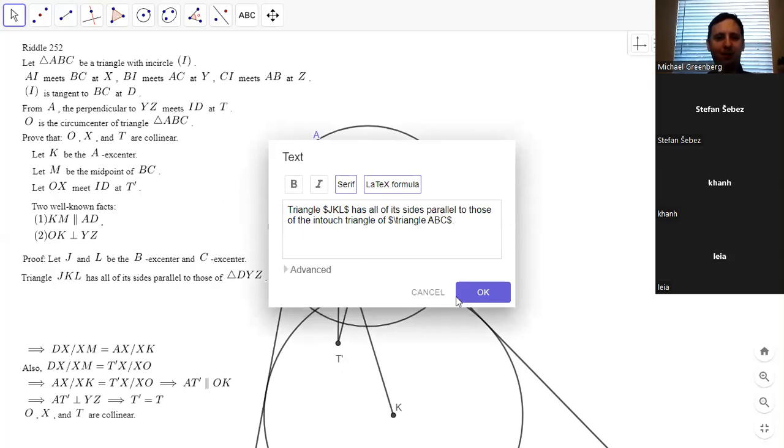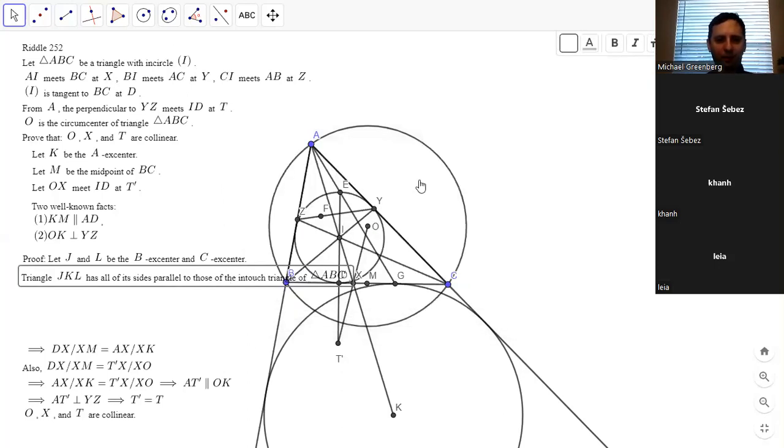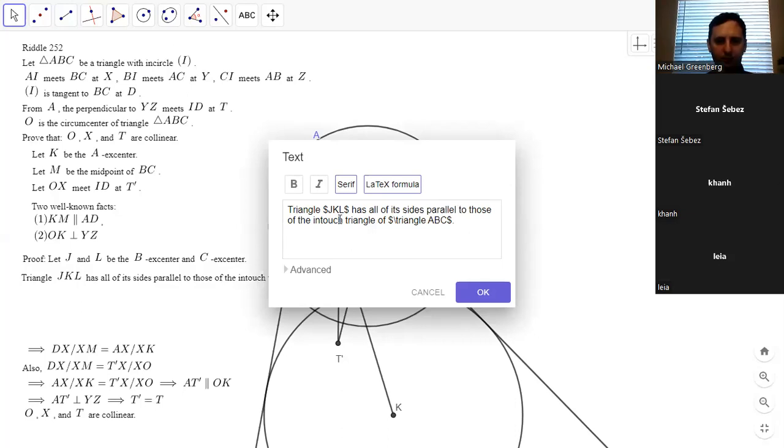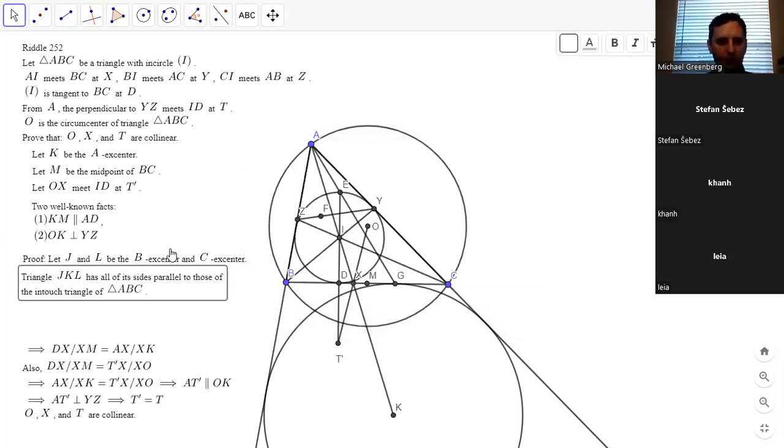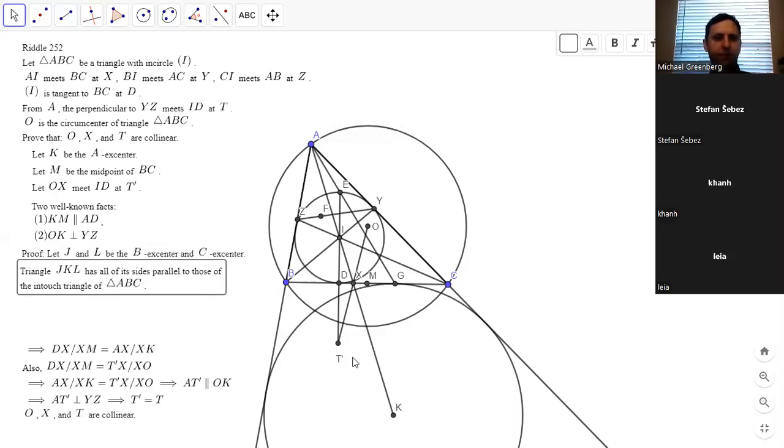I'm just too lazy to put the names of points. So once we know that, KM is a symmedian of JKL.